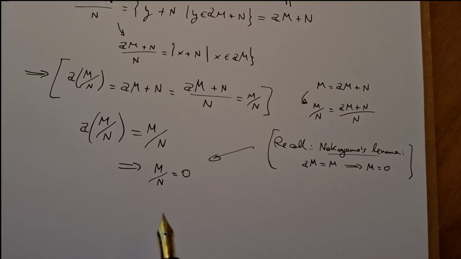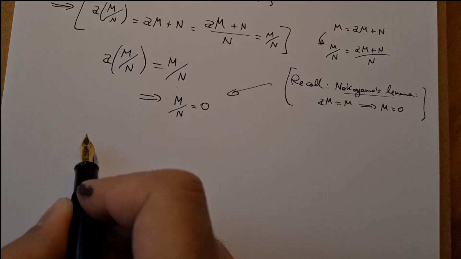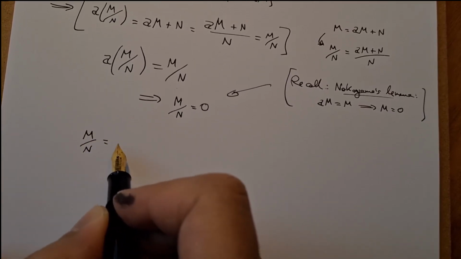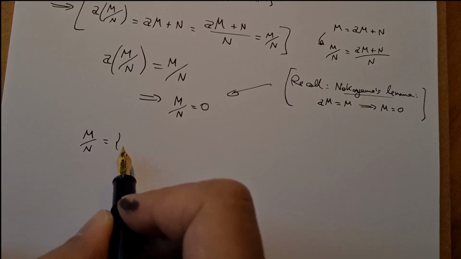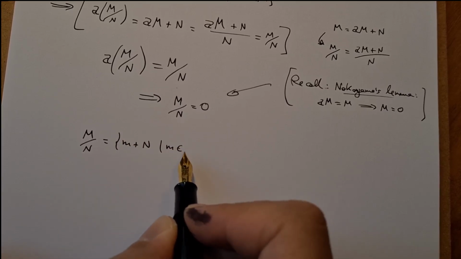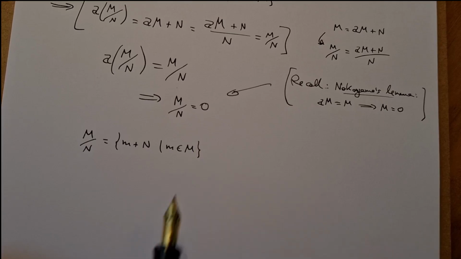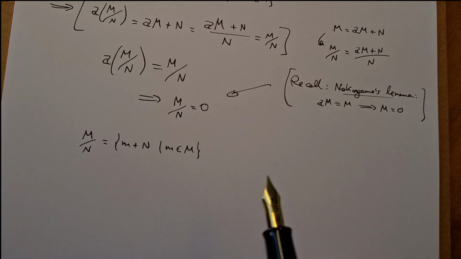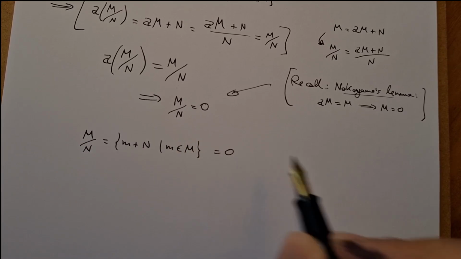So this quotient now has elements of the shape m plus N, where m is an element of, well, generators of M. And this equals 0.